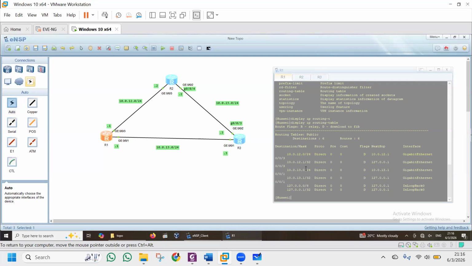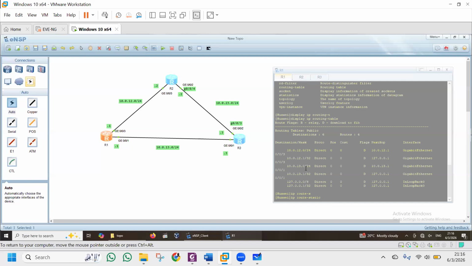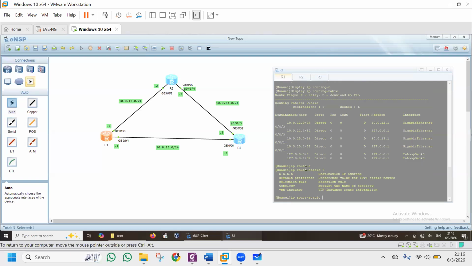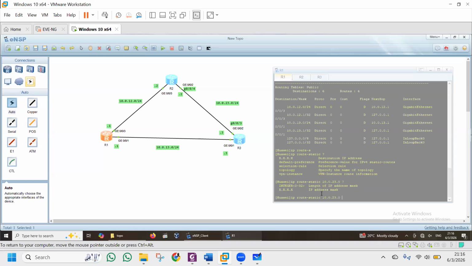All right, so to configure the route, it's IP route static. Then I can enter the destination IP. I want to get to this network 10.0.23.0. So it's 10.0.23.0. Subnet mask, I can put 24.